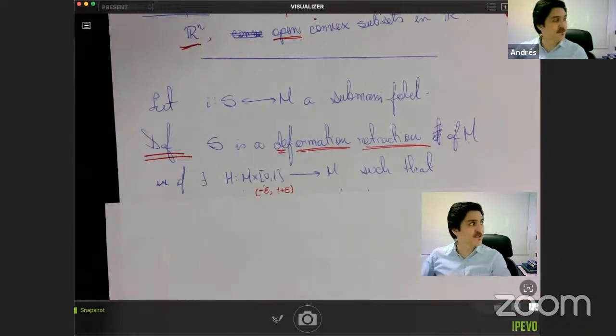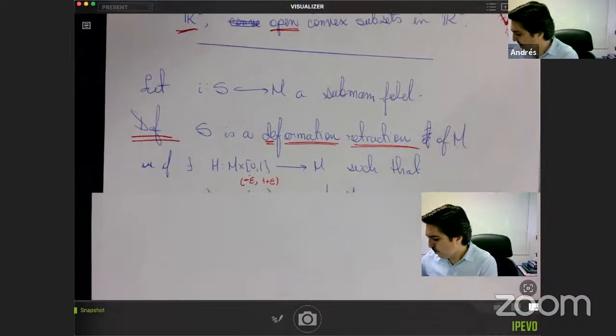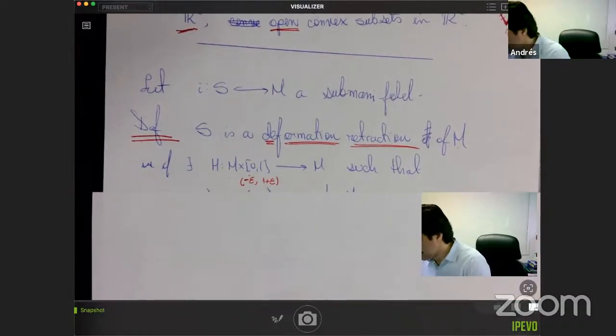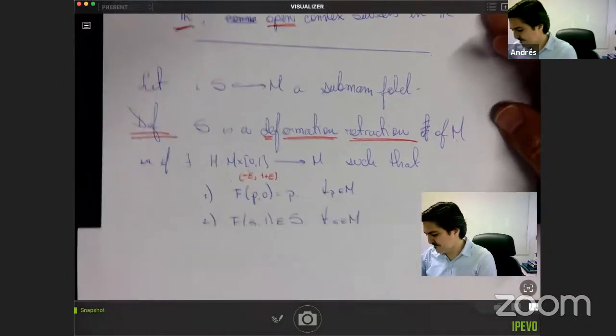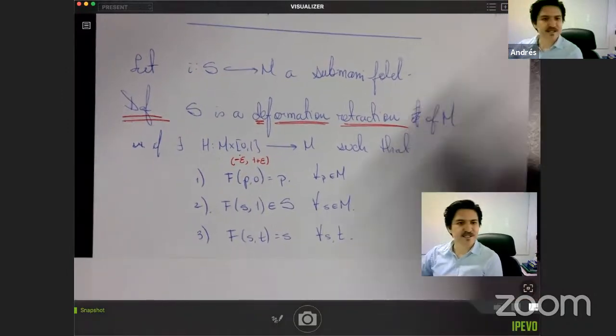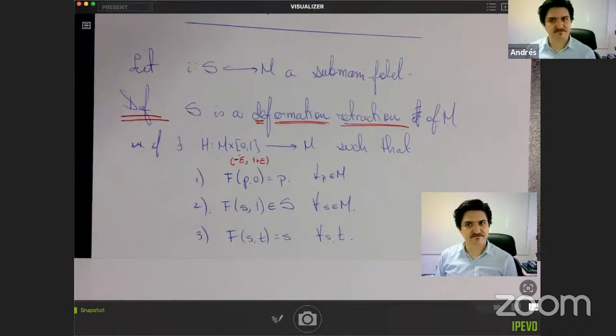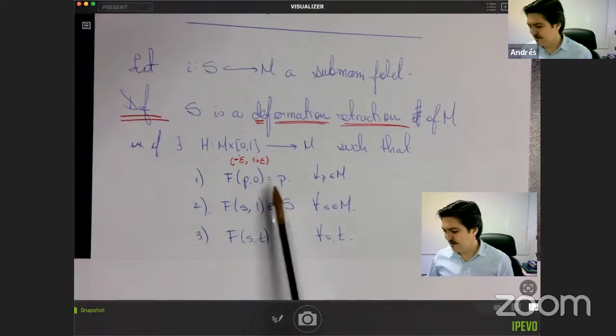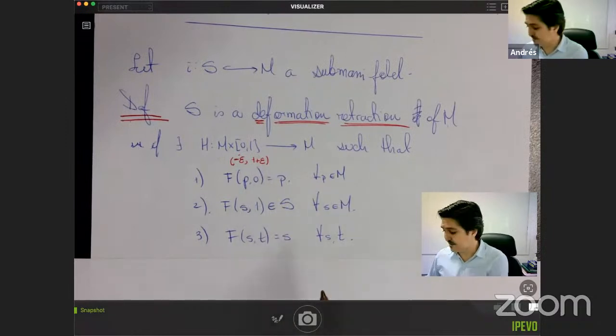What is important is the concept of H. So what is a deformation retraction? It will be a smooth function that satisfies these three conditions. At time zero, it is the identity map.